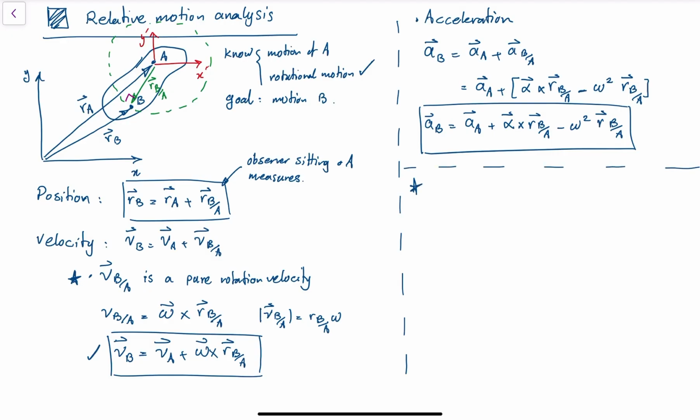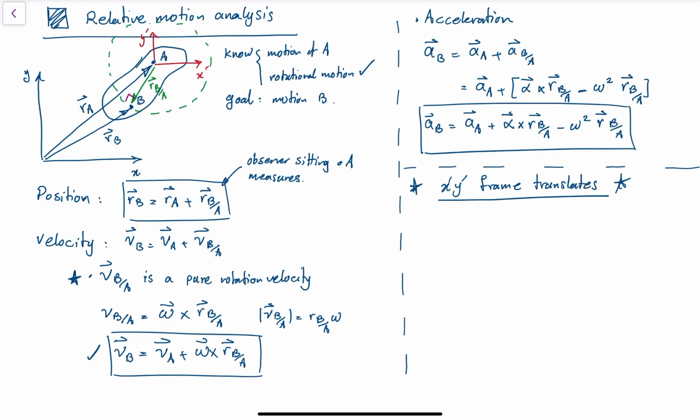The most important one is that this x prime y prime frame only translates. Let me write it with better handwriting. This is extremely important because if the frame itself rotates, that rotation creates these hallucinatory velocities and accelerations as observer A observes B, and those need to be taken into account.